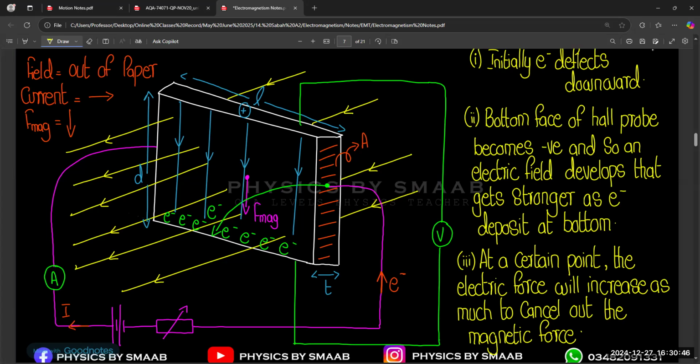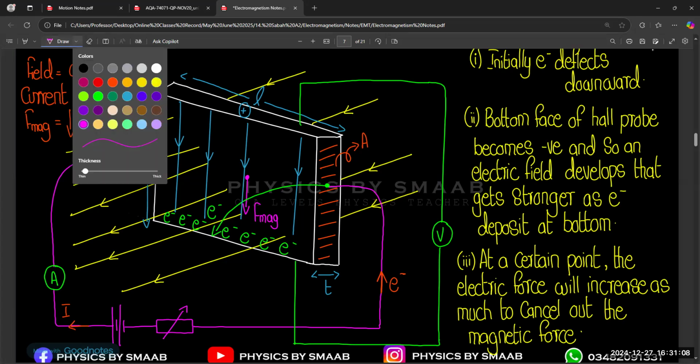And what happens then? No electrons further deflect in the downward direction. All electrons now can move easily in the forward direction in a straight line. So finally, we observe that all electrons can move straight without any deflection, like this.